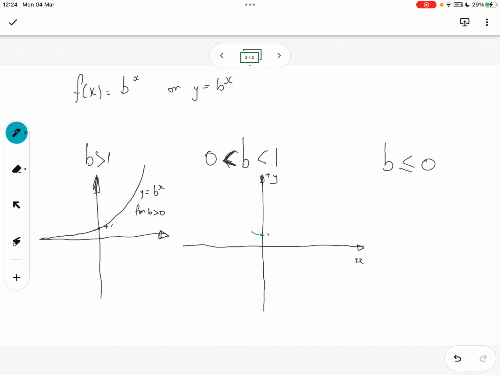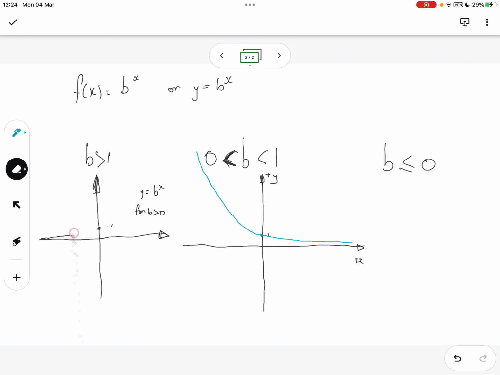This is for b that is less than 1 but greater than 0. So for values of x that are negative, your graph increases exponentially. But for values of x that are positive, the x-axis becomes an asymptote to the curve.